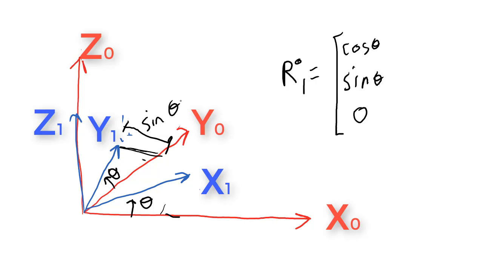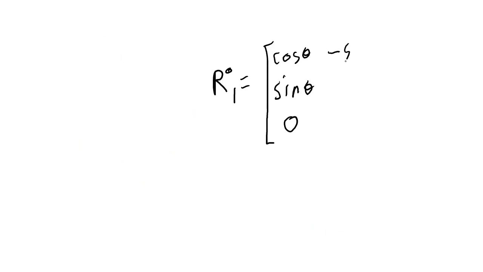But notice that this is in the negative direction. The projection of y1 on x0 is negative. Now, the cosine of theta is equal to the adjacent side divided by the hypotenuse. The adjacent side is the projection of y1 on y0. I'll write that in this position in the rotation matrix.